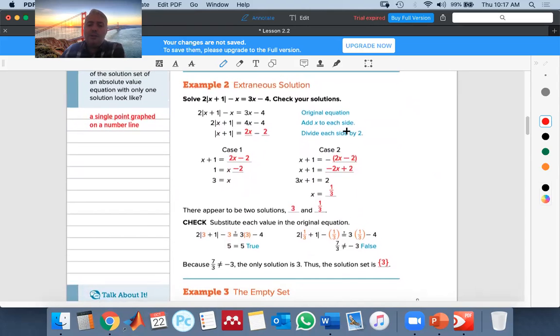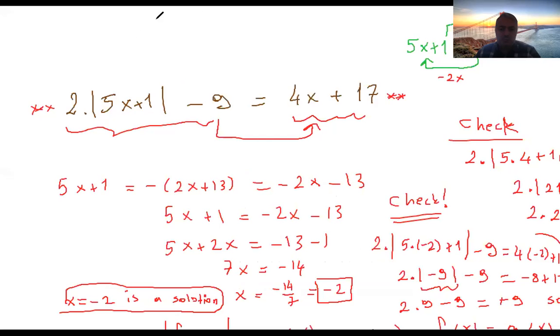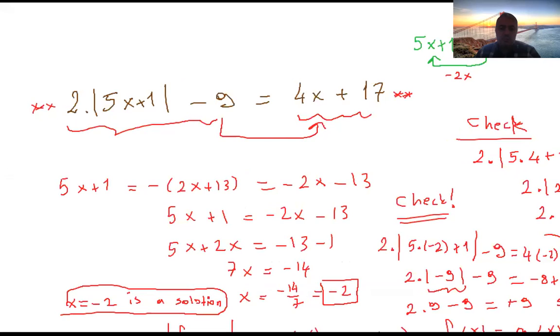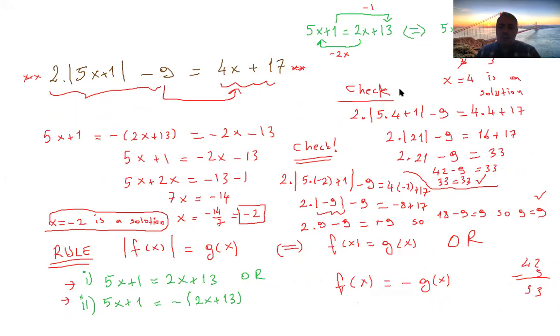Now, okay, let's talk about this example: 2 times the absolute value of x plus 1, minus x, is equal to 3x minus 4. It is better to use the whiteboard, it will be more clear.